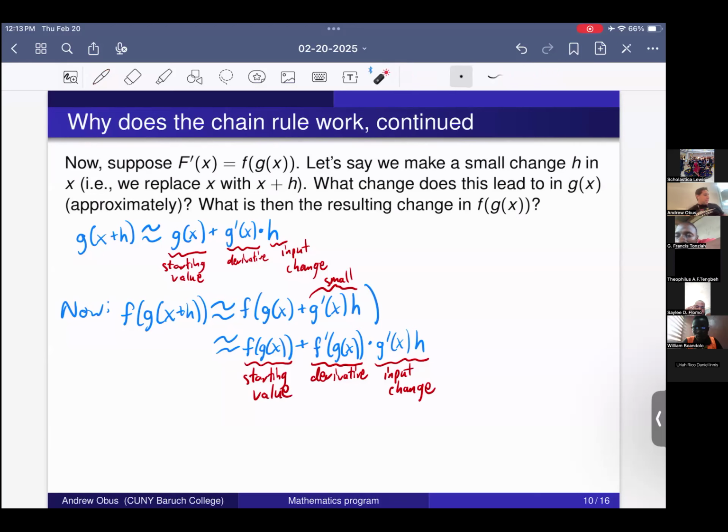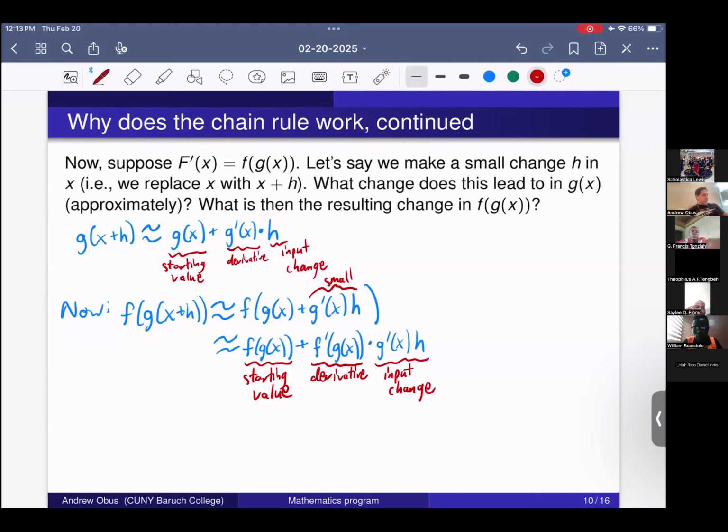Okay, so this argument says that if you make a small change in the input to a composite function, you get an intermediate change of the input times g prime of x, and then a total change of the input times g prime of x times f prime of g of x.